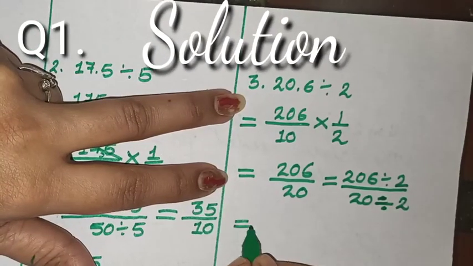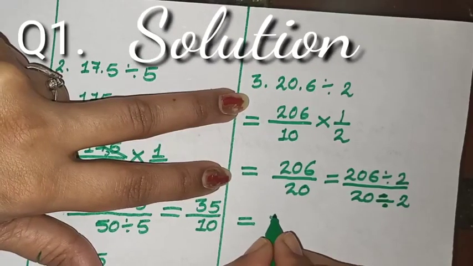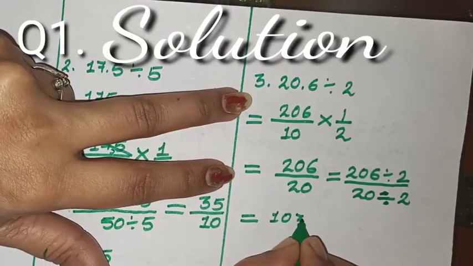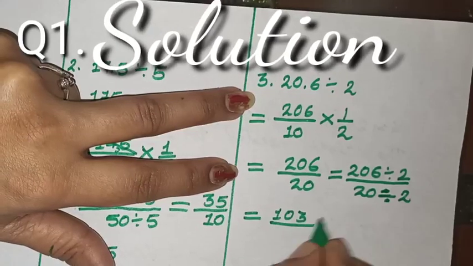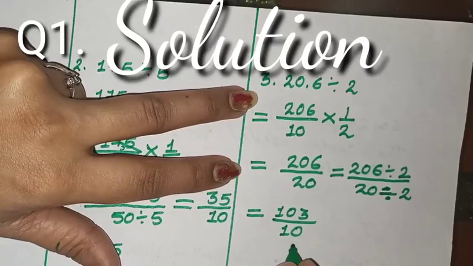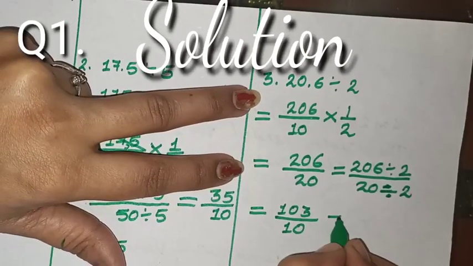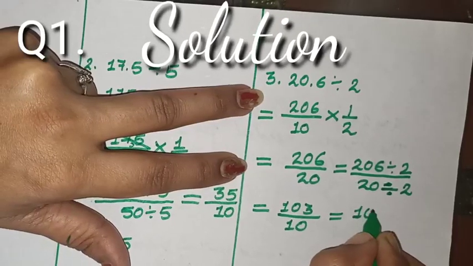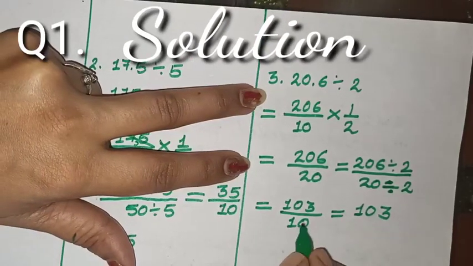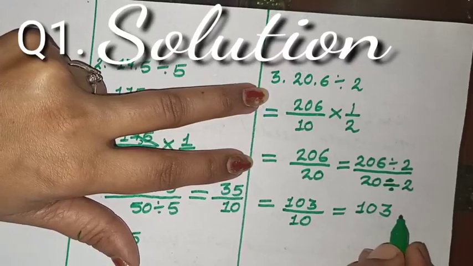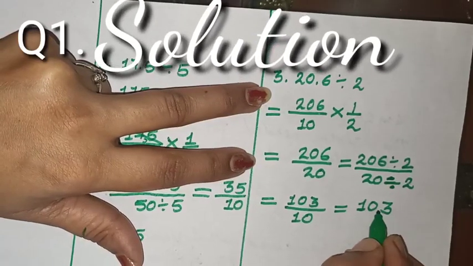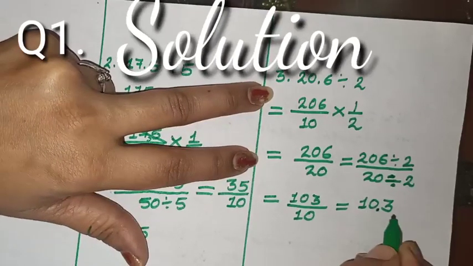What will be the answer? 2 ones are 2, 2 zeros are 0, 2 threes are 6 and 2 tens are. Okay, we got the 10. We'll write the number as it is, 103. Only one 0 means, we'll give the decimal only before one digit. Answer is 10.3.